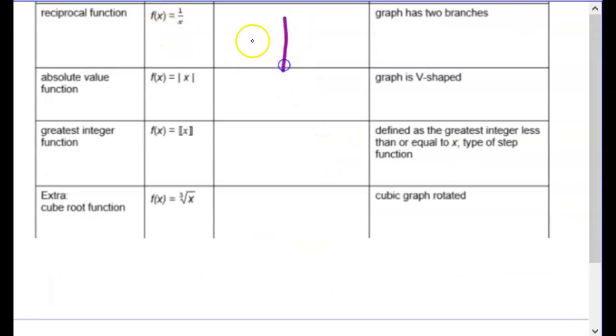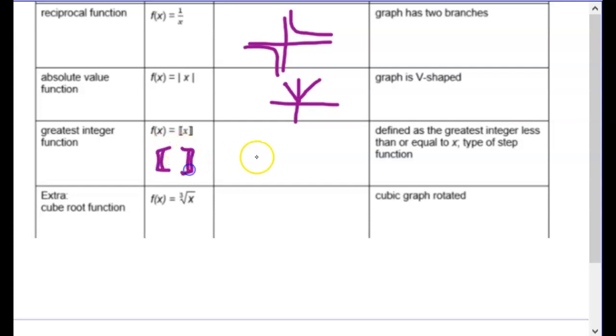The reciprocal function has a branch in the positive, positive, and a branch in the negative, negative. The absolute value function is a V. This is the greatest integer. They use that little heavy bracket thing going on there, okay?